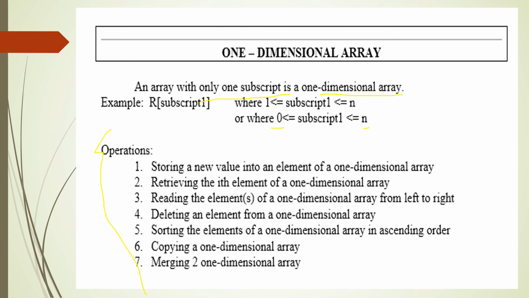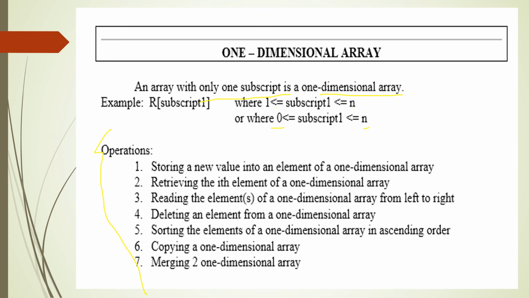First, we have storing a new value into an element of a one-dimensional array. Second is retrieving the ith element of a one-dimensional array. Third is reading the elements of a one-dimensional array from left to right. Fourth, deleting an element from a one-dimensional array. Fifth, sorting the elements of a one-dimensional array in ascending order.